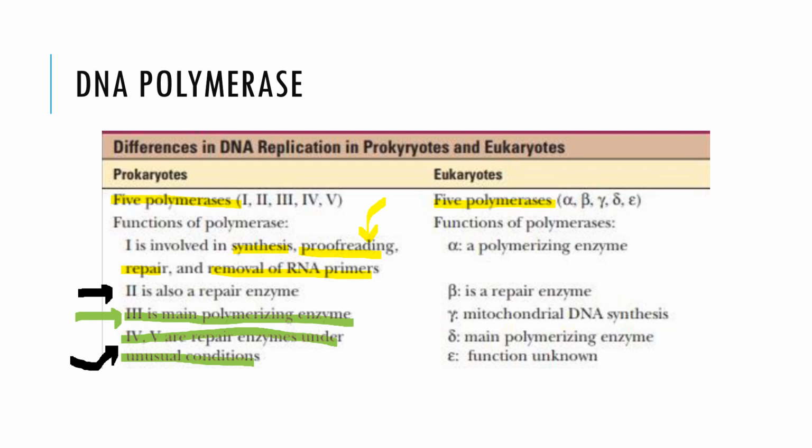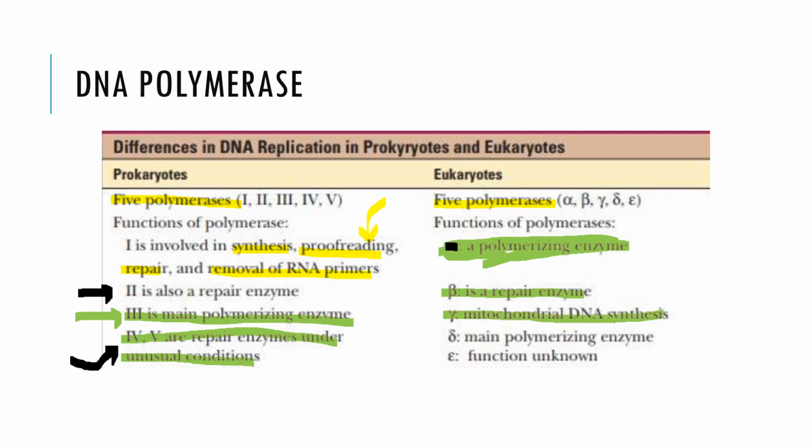Okay, so in eukaryotes, alpha polymerase is a polymerizing enzyme, and it is responsible for primer formation. Polymerase beta is a repair enzyme. Polymerase gamma is for mitochondrial DNA synthesis.